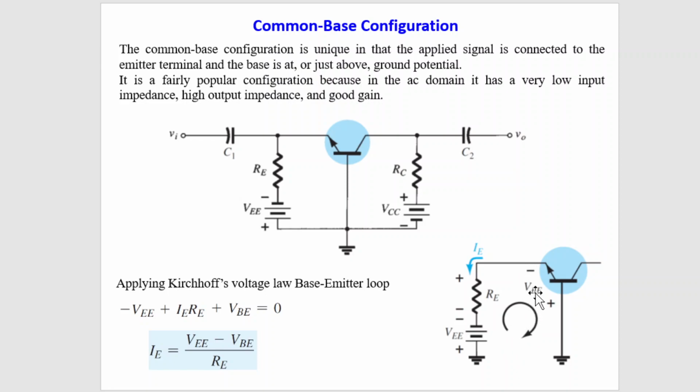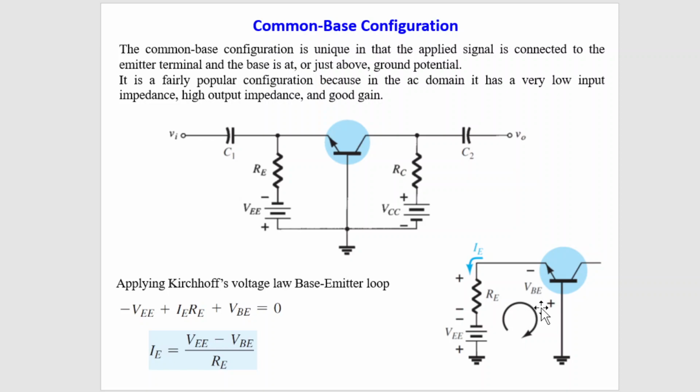Let us assume that here we have a voltage drop of plus VBE, and current is flowing in this direction because this is the emitter. If you apply Kirchhoff's voltage law, clockwise or anti-clockwise, in any direction you can apply it. If we apply clockwise, we get plus VBE plus IERE minus VEE is equal to 0.